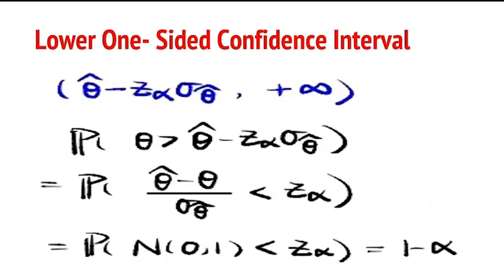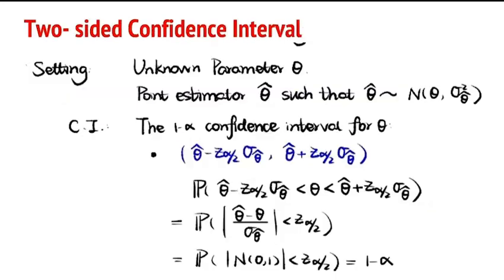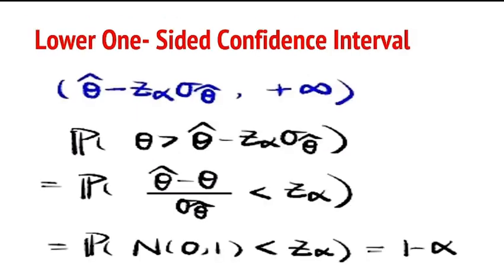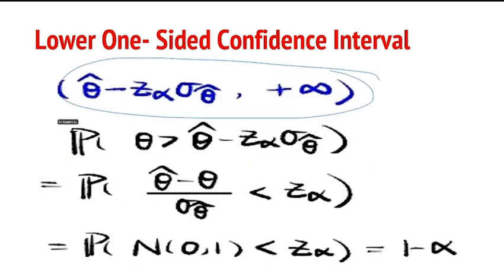I just talked about the two-sided confidence interval, where I showcased the lower bound and the upper bound. Can we also see the lower one-sided confidence interval? The lower one-sided confidence interval is what I'm showcasing now.